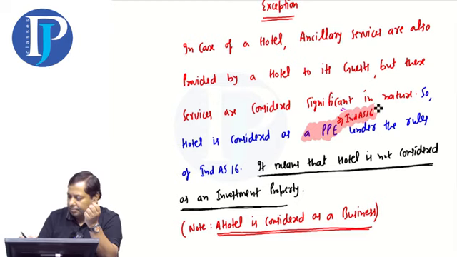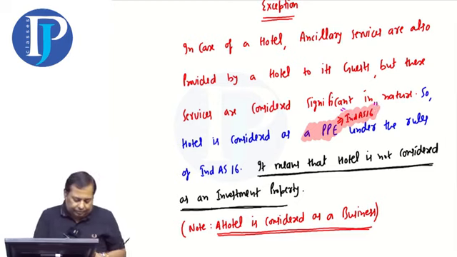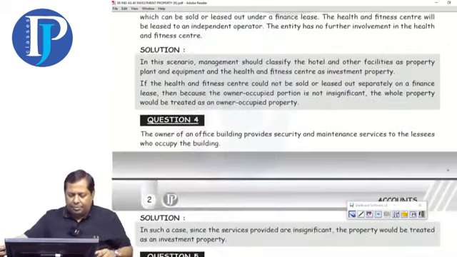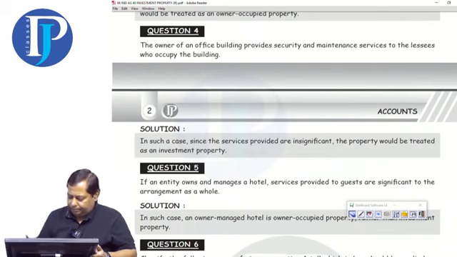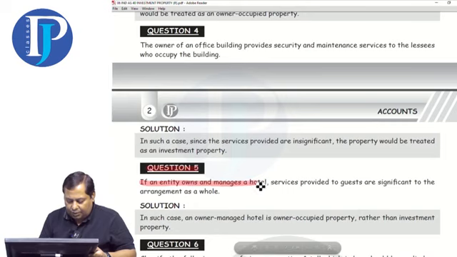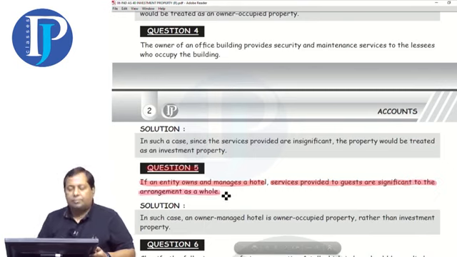Let's proceed. There are two simple questions on this. This won't be asked in exam. Now look at question number 5. It's simple question. It says if an entity owns and manages a hotel, services provided to the guests are significant to the arrangement as a whole.